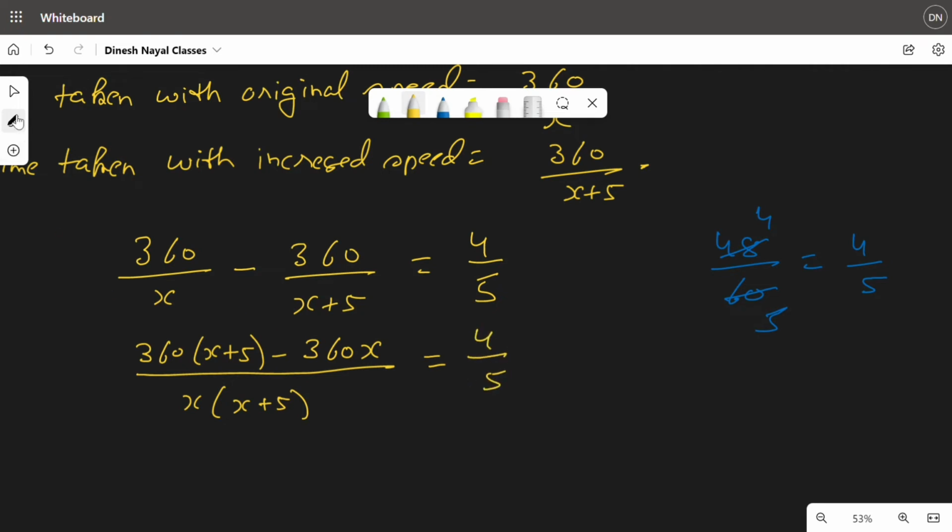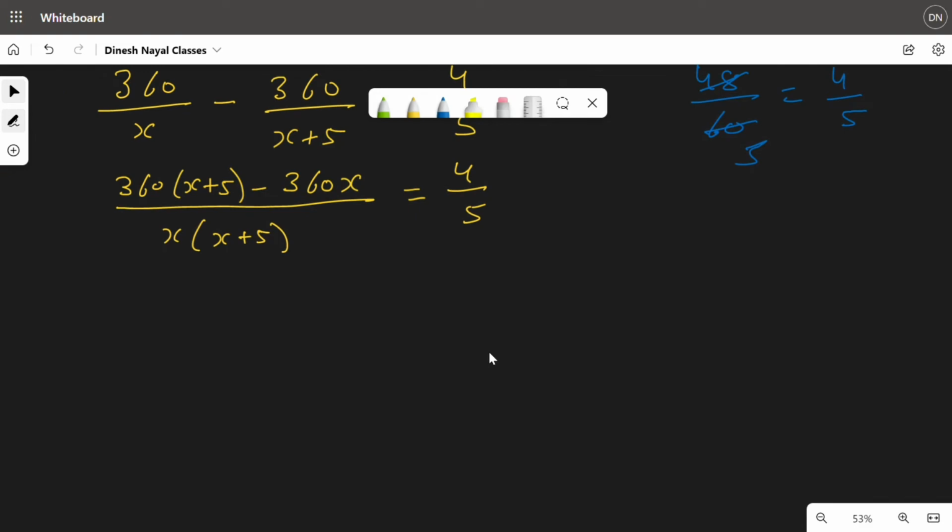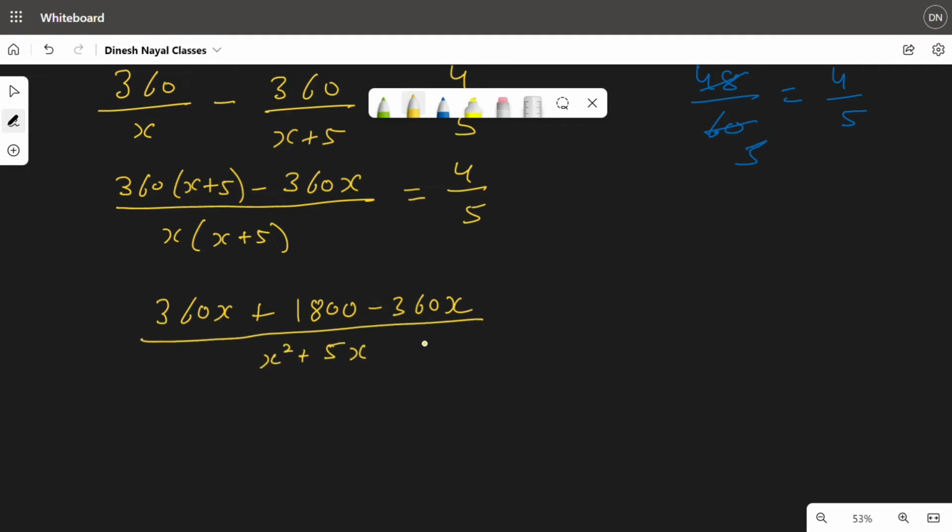Now solving it more, opening the bracket, this will be 360x plus 360 into 5, which is 1800, minus 360x, this whole upon x square plus 5x equals 4 by 5.